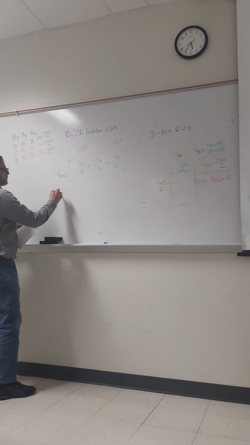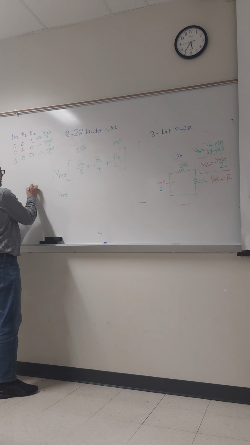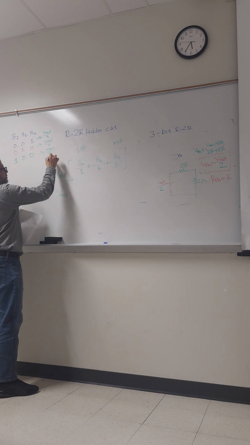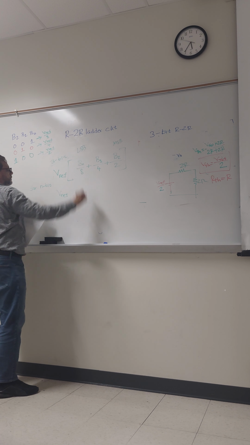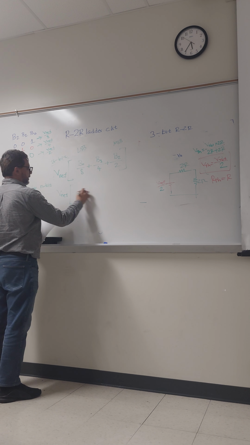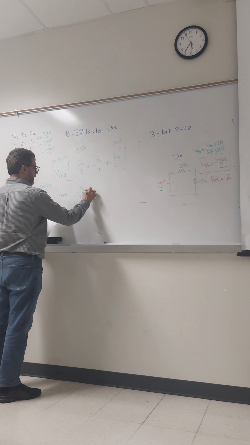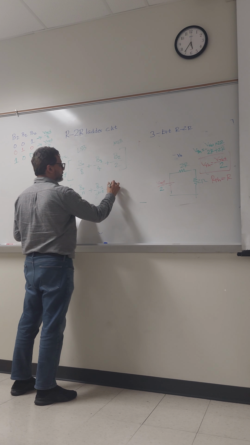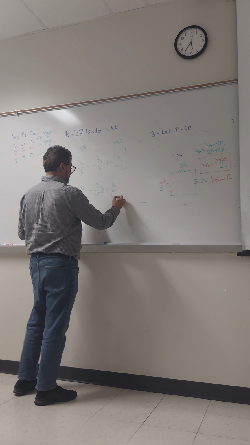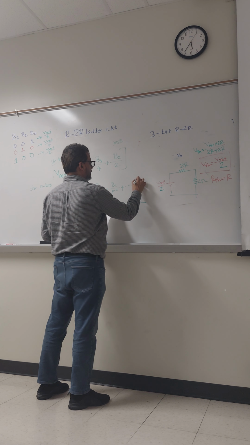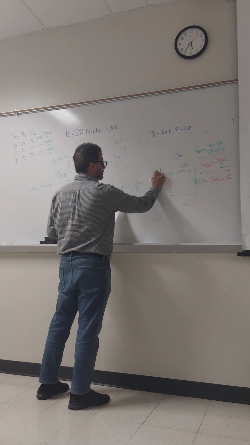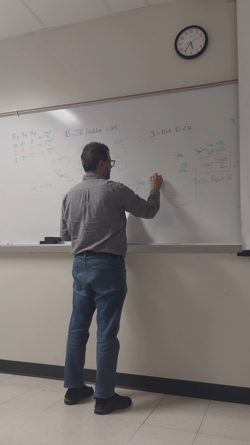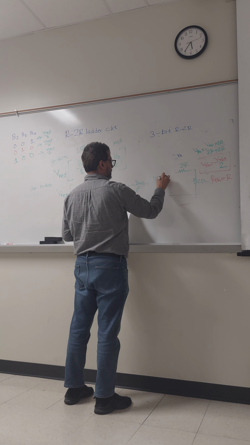For n bit, we can write V0 over 2 to the power n, V1 over 2 to the power n minus 1, V2 over 2 to the power n minus 2, like this, up to Vn minus 2 over 2 to the power 2, Vn minus 1 over 2 to the power 1. So this is the general equation.